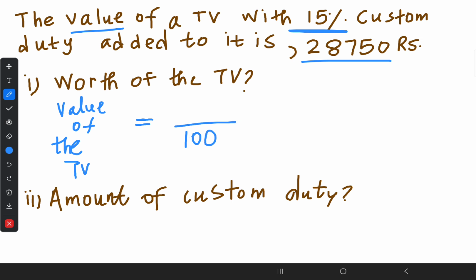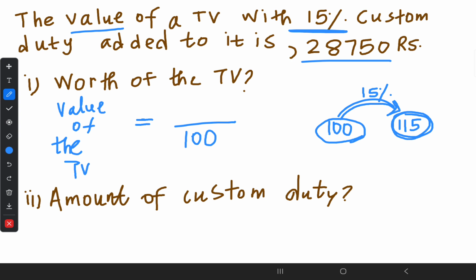If the TV is 100 rupees, with inclusion of 15 percentage tax, the percentage is based on the standard form of 100. So with inclusion of 15 percentage tax, the selling price of that TV would be 115. Original worth of the TV is 100, after paying 15 percentage of tax, both together, the selling price of the TV is 115.